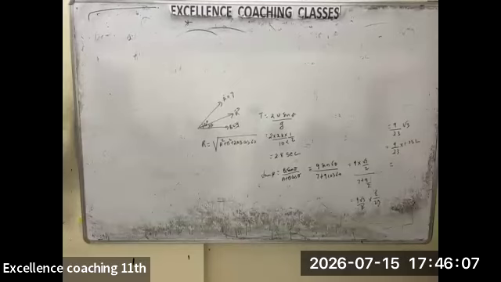If an object is moving in a circular path with constant speed, then it will accelerate because its velocity is changing.